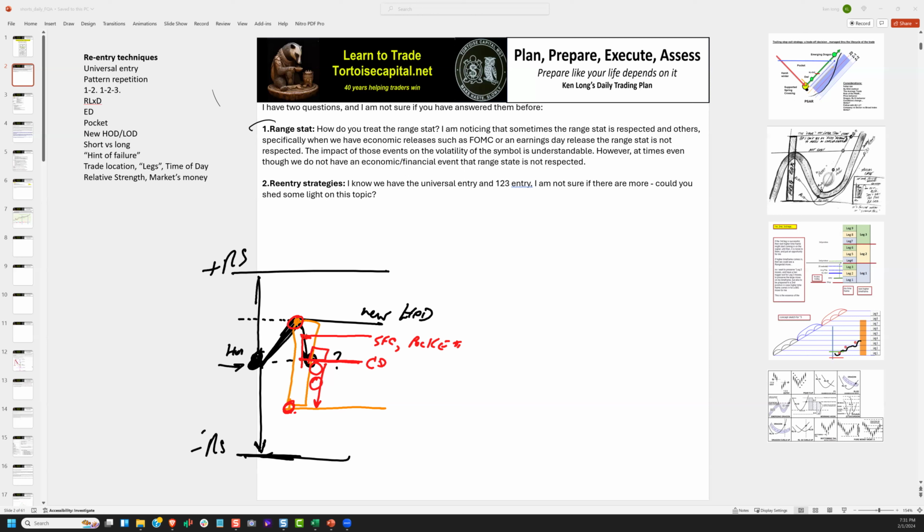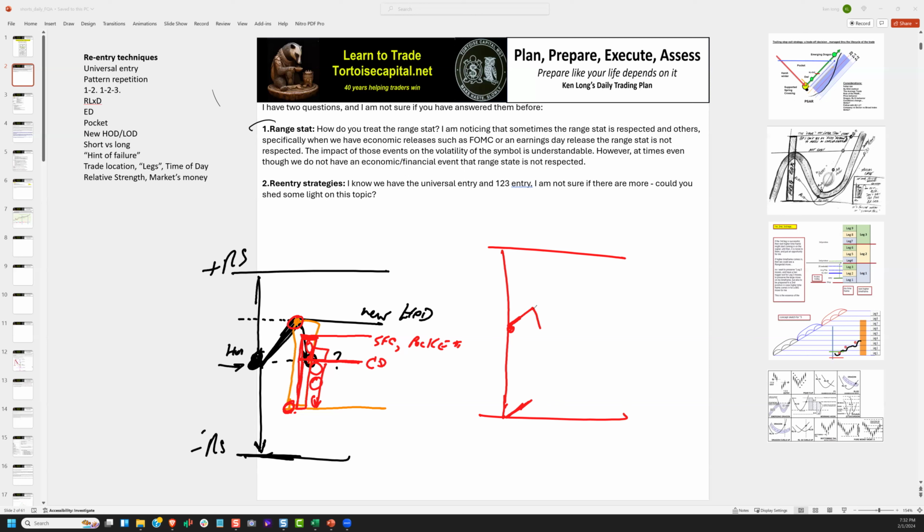Now my opportunity is to gain 1 or 2 extra units of reward simply because I'm entering higher on the stack. So if that's the plus and minus range stat and this goes up a little bit, then my new lower limit is right there. You're trailing it with a range stat stop essentially.